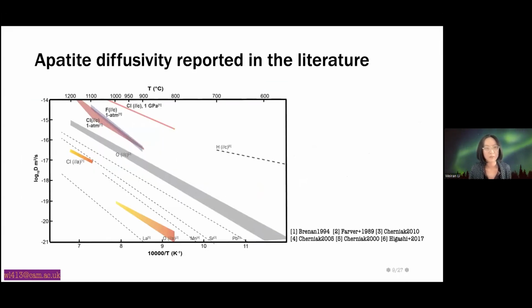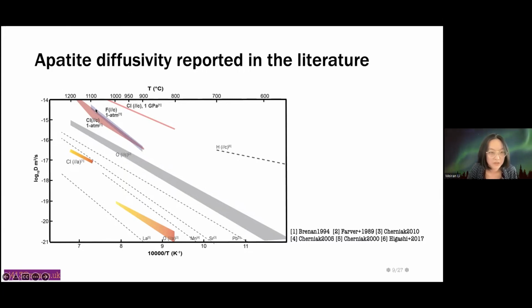To do that, we need to know the diffusivity of chlorine in apatite. Here I'm showing a diagram of diffusivity in log units versus temperature. These are all literature data for different elements' diffusion in apatite. For what we are interested in, chlorine is shown here.